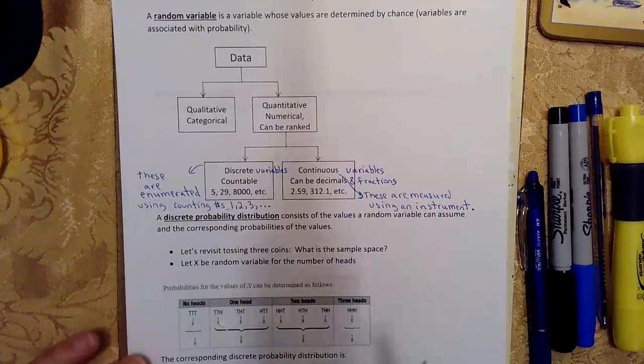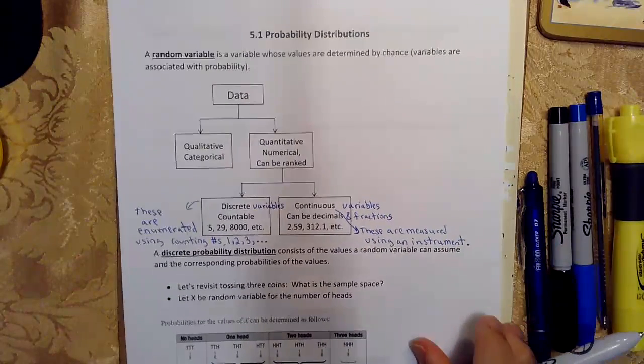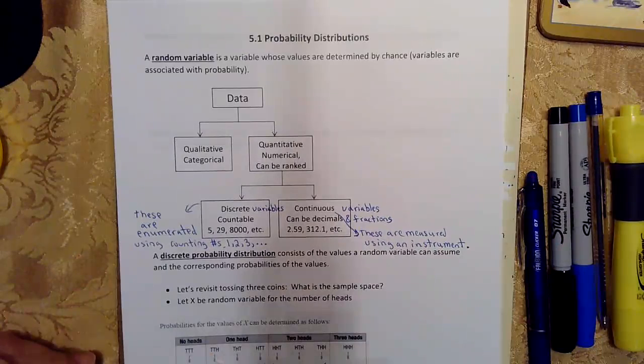Okay, and then at the top, I have lots of open space here. I'm going to give you an example of each. And on your test, when we take test number 3, you'll be given a scenario or a description, and you'll be asked if it's considered a discrete or a continuous variable. And then you'll want to have a little written justification as to why it is.